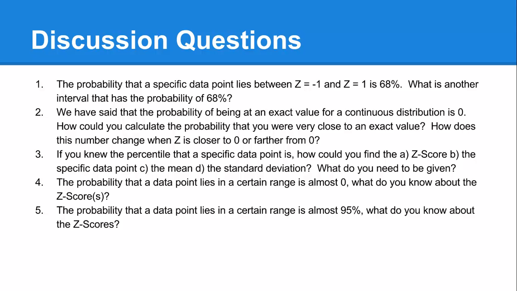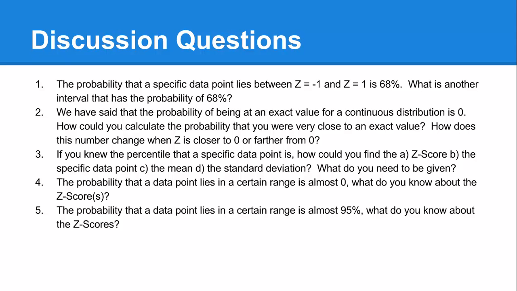If we look at two Z values further away from the average, when we subtract them, we're getting pretty much 0, but not exactly 0. And the largest one, if you do just two Z values really close together, right near the average, they're about 0.4% apart. So you can do the probability of an interval when you're very, very close to an exact value, just two values very, very close together.